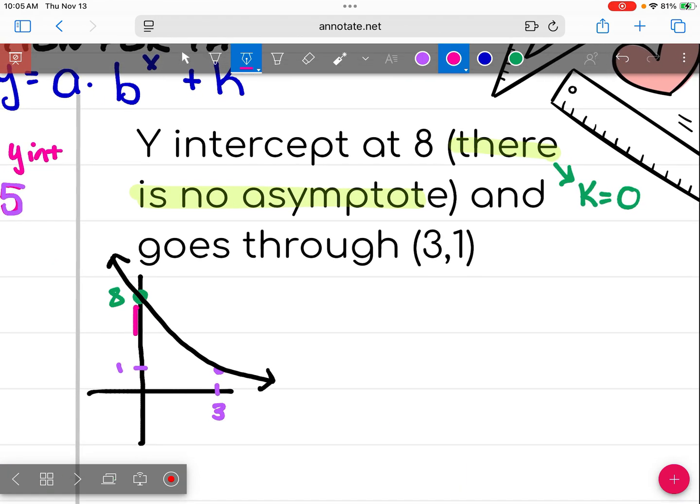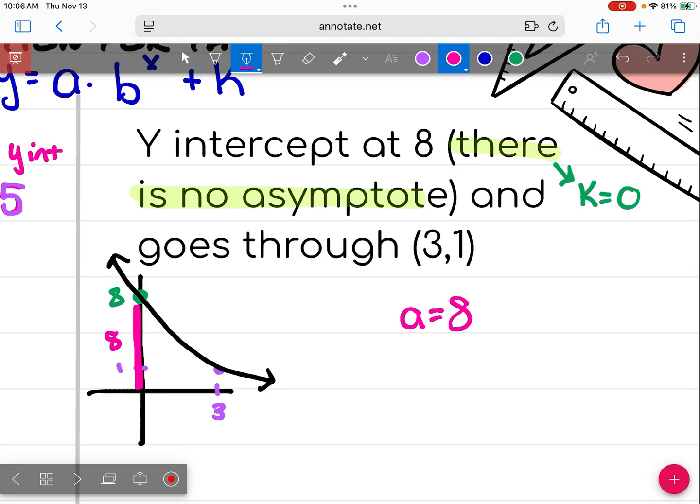So that means our a, the difference between our y-intercept and 0, where our asymptote is, is going to be 8. So if we do not have a shown asymptote, it's at 0. And our a will be the y-intercept. If we have an asymptote, we have to find the distance from our y-intercept to the asymptote.